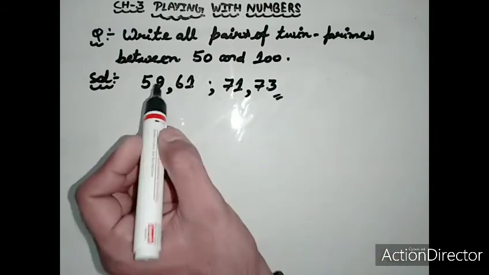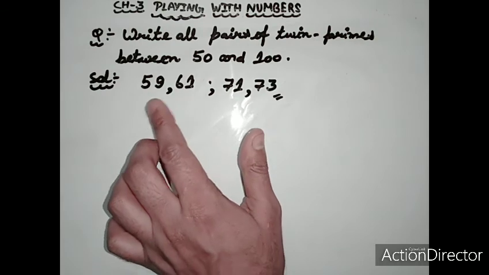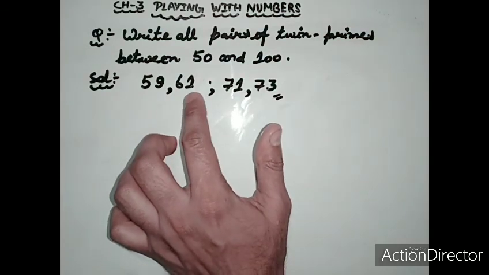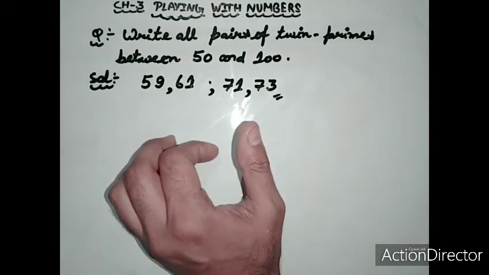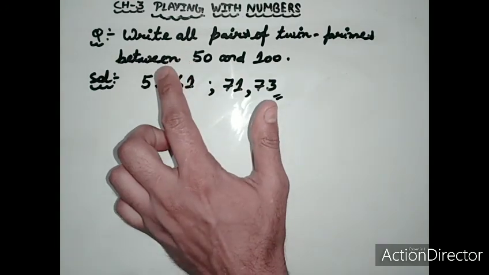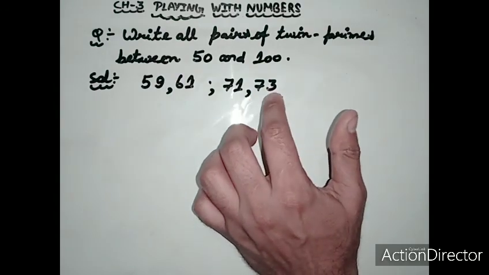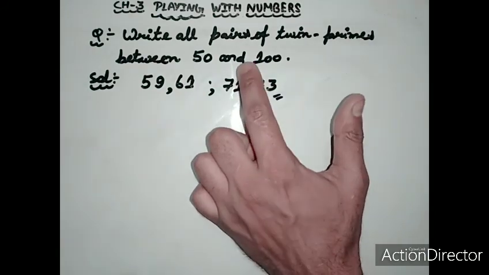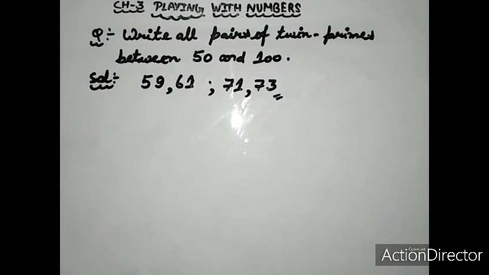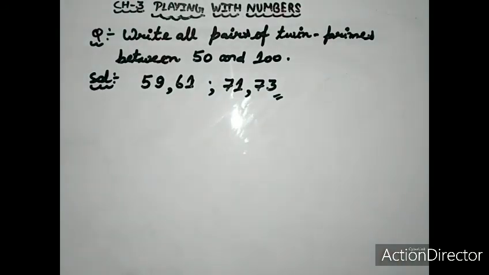So these both pairs have only one composite number between them. Between 59 and 61 there is 60, and 60 is a composite number. Now 71 and 73. In the middle of these two numbers 72 is there, and 72 is a composite number. So here we say that these two pairs are twin primes.